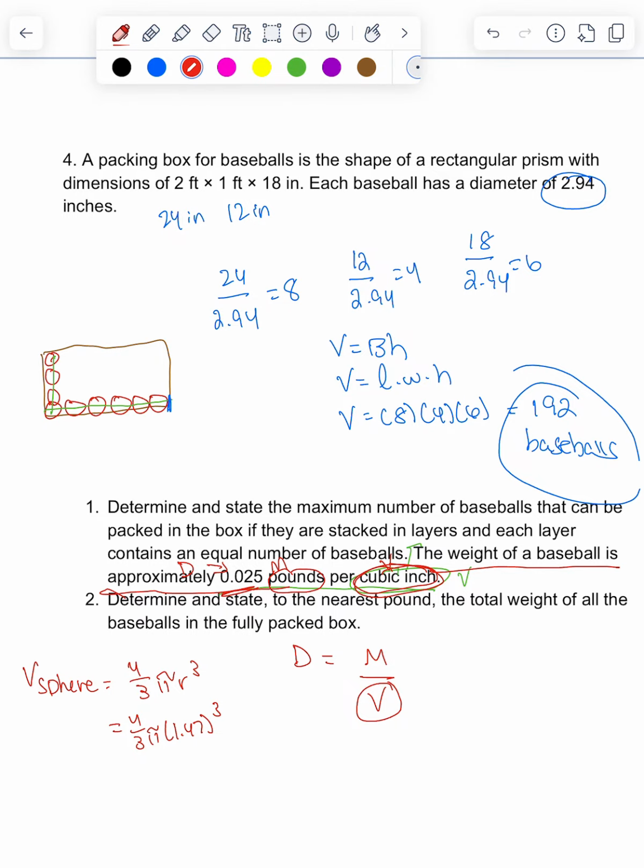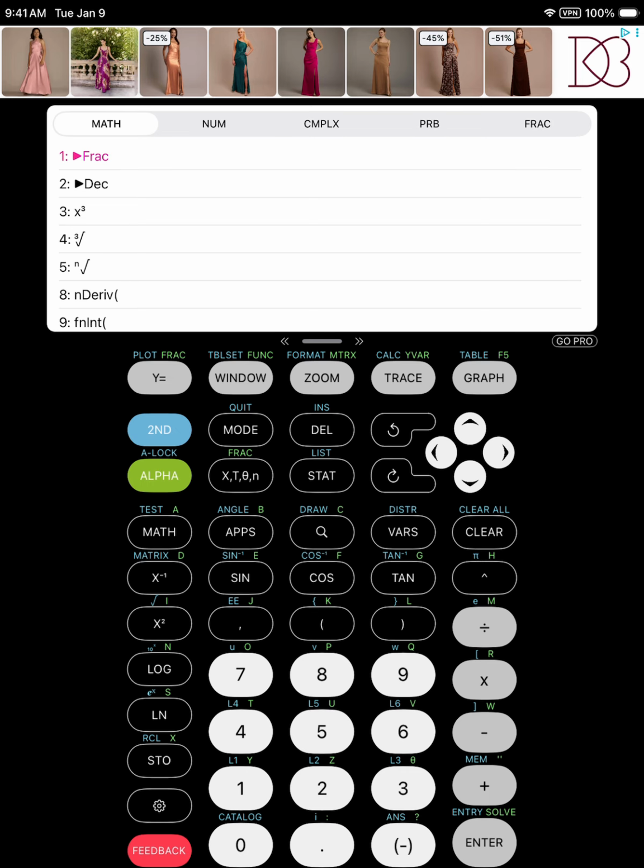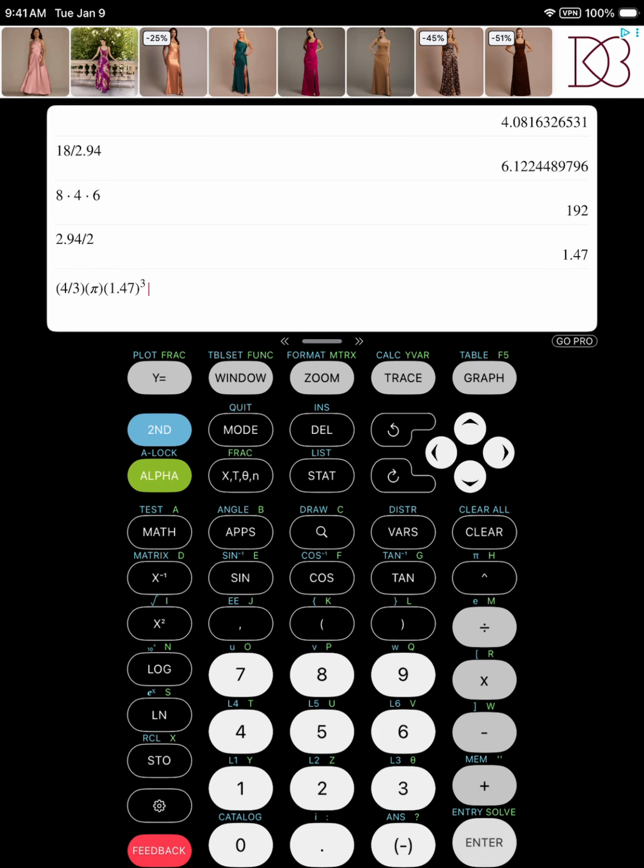And this is going to be in inches, cubic inches. 13.306.